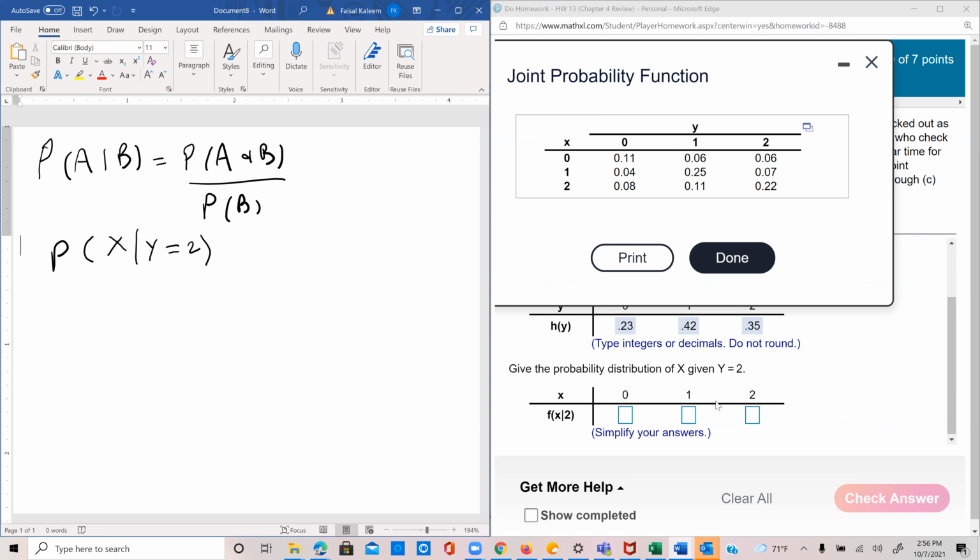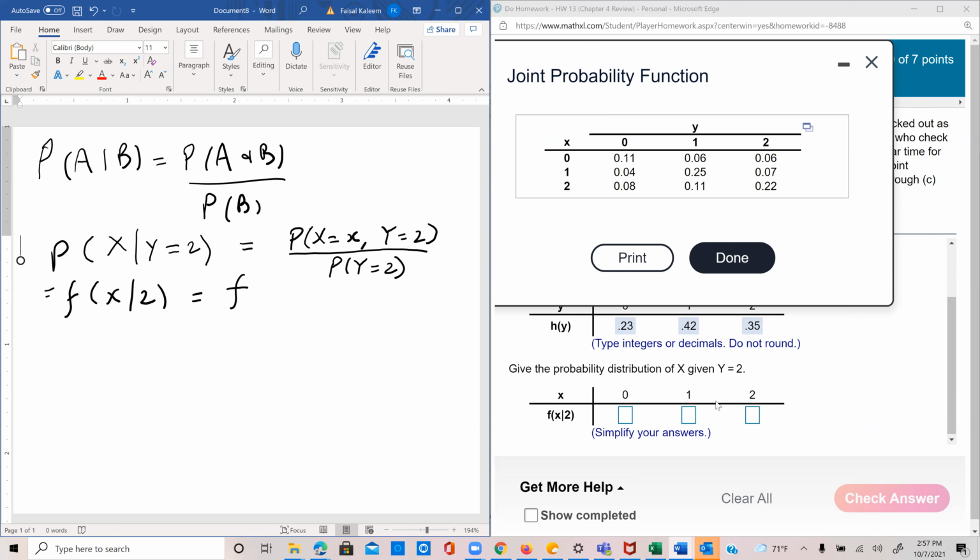So it's denoted by f of x given 2. So that'd be f of, so maybe let's write in the probability notation first. So that'd be probability of basically x is equal to x and y is equal to 2 divided by probability y is equal to 2.